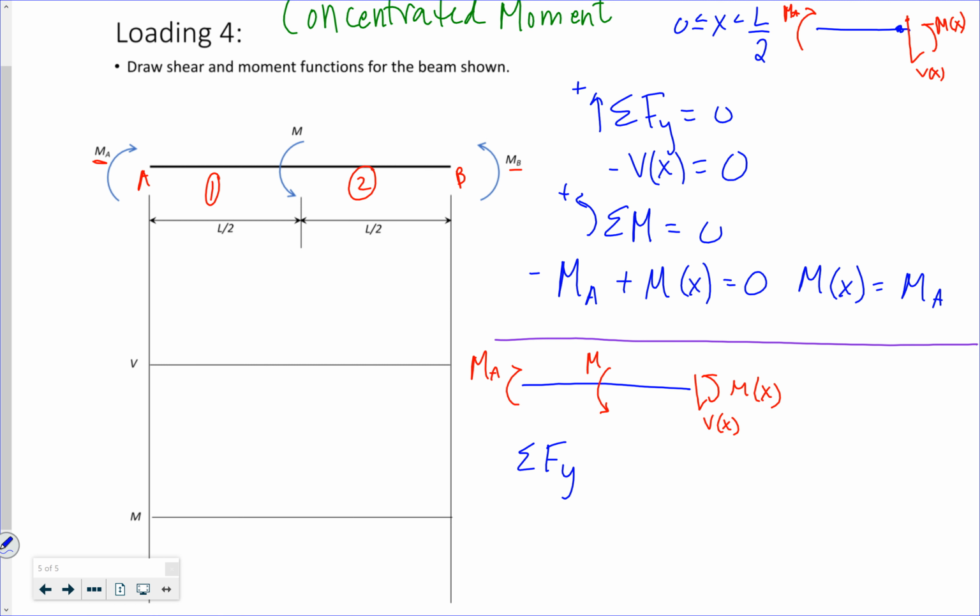Sum of the forces in the y direction: I have my shear is equal to 0 because there's no other forces in the y direction.